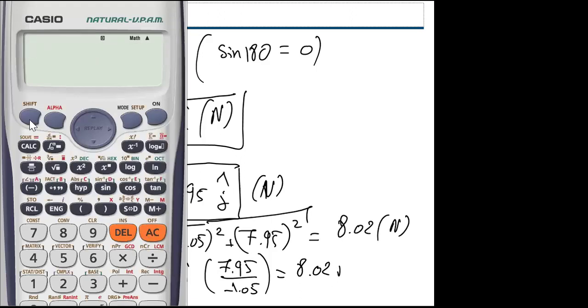What about the direction? The direction is tan inverse of 7.95 divided by minus 1.05.